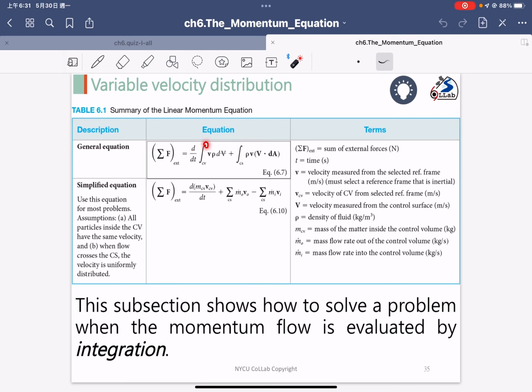We integrate along the control surface and along the control volume. But in most problems we assume the momentum change in the control volume can be neglected, so we only focus on the net momentum flow and the sum of the external forces.